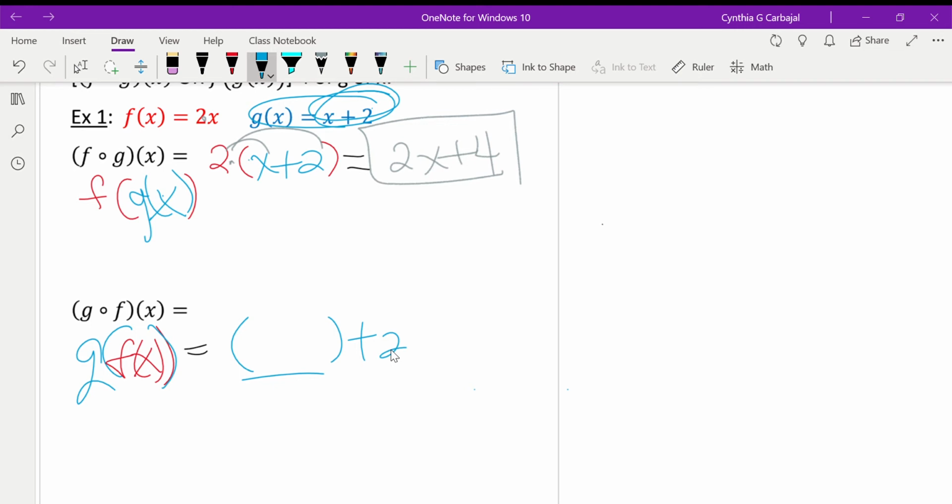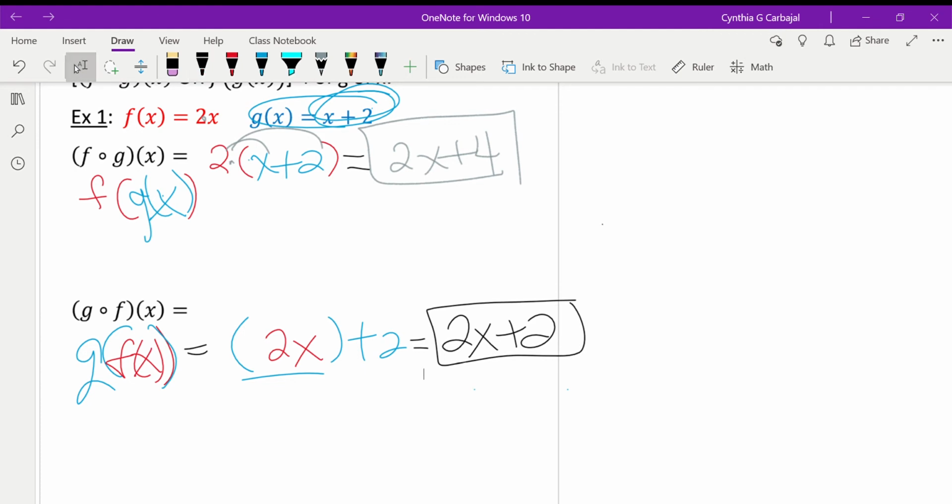Wherever I had my x originally, now I have my parentheses, and now I'm going to substitute f in place of those parentheses. Now, my expression here looks like 2x plus 2. And there's no multiplication, there's nothing I can combine, so that's pretty much done. In reality, since it's addition, I don't need parentheses, so that's my answer, 2x plus 2.